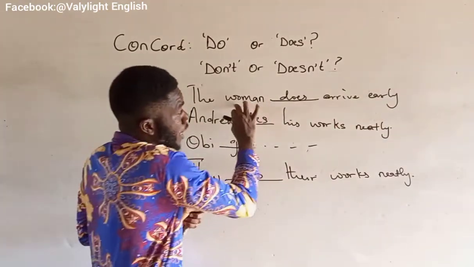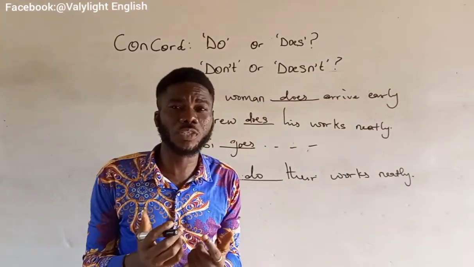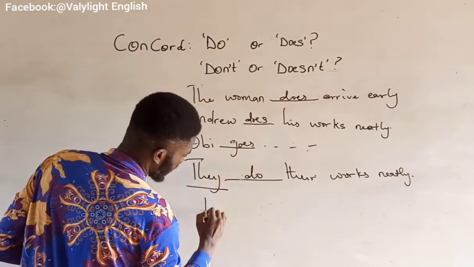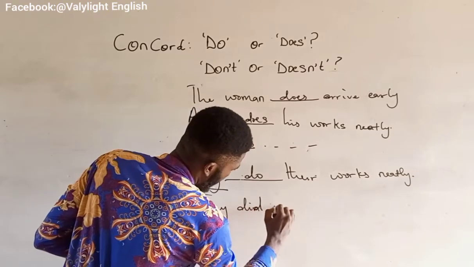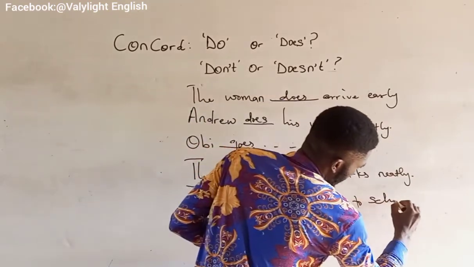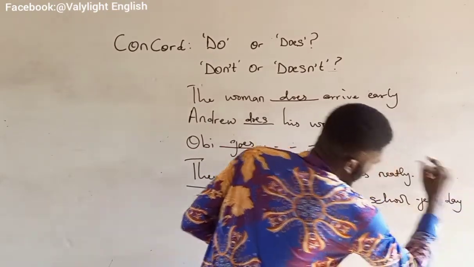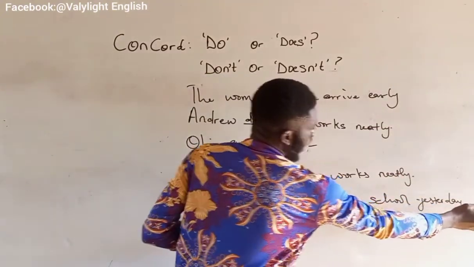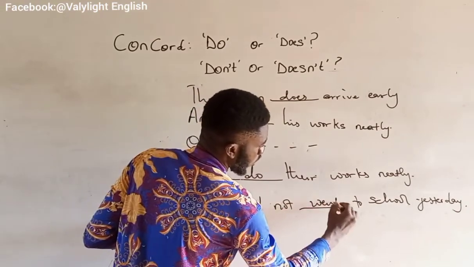Now, this thing I just explained in this sentence particularly is the same thing that confuses people in a situation where you have something like, they did not dash to school yesterday. And since this is talking about what happened yesterday, some people say that it should be they did not went.